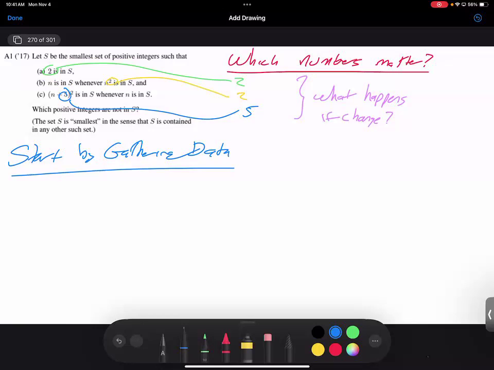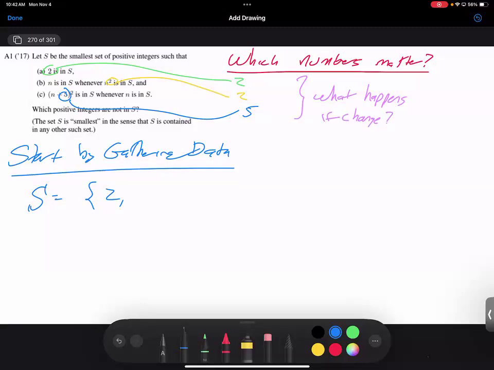And we have a couple of rules. So we know 2 is in S. Do we get anything else in S? Oh, wait, let's see. 2 is in S, so then 2 plus 5 squared must be in S, right?